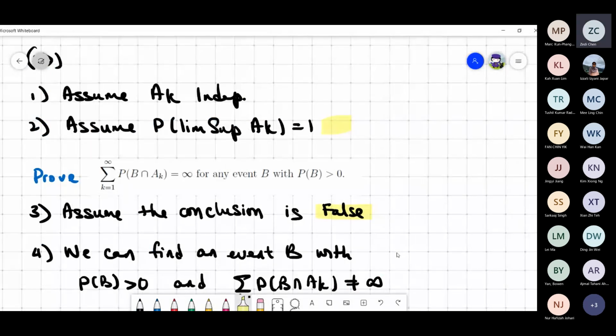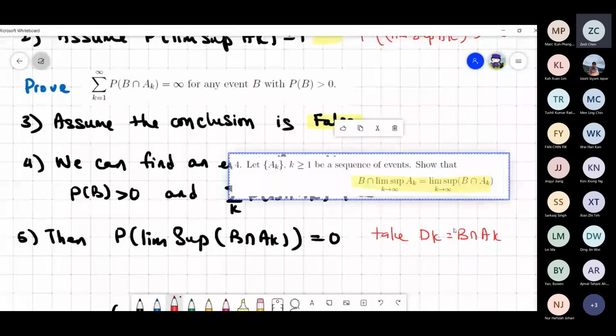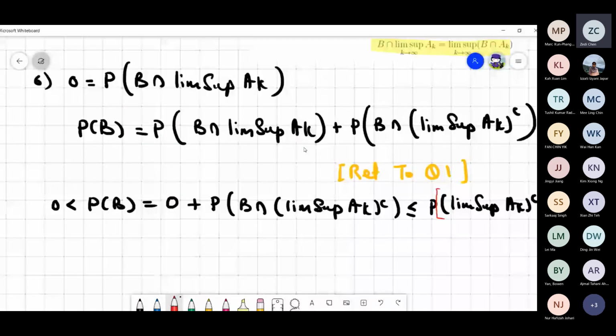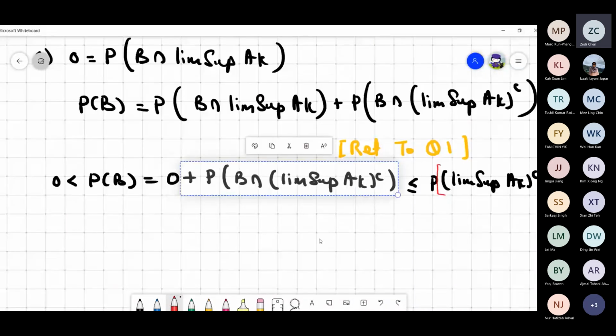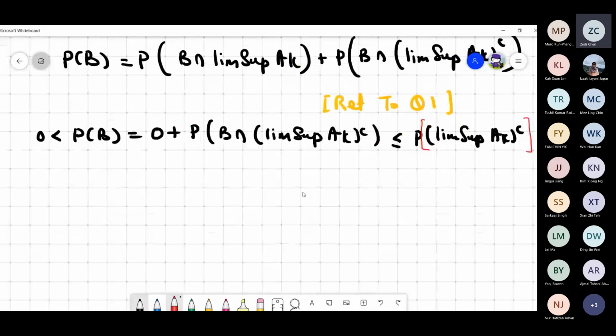This is equal to 1, so this is equivalent to saying that the probability of the complement of this must be equal to 0. Okay, so this is 0. So this is equal to 0. Then we must have 0 less than 0, because this bit is equal to 0.